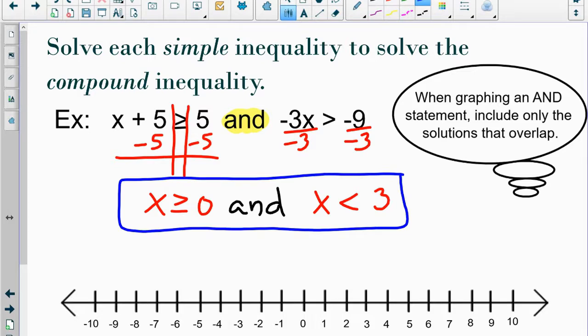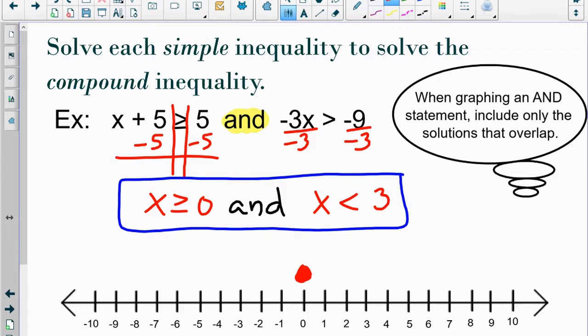So let's take a look at each one of these inequalities separately on the number line. If I were to graph the first inequality, x is greater than or equal to 0, what kind of circle would I use? Would it be open or would it be closed? Well, because it can equal 0 based on that inequality symbol, I would use a closed circle.